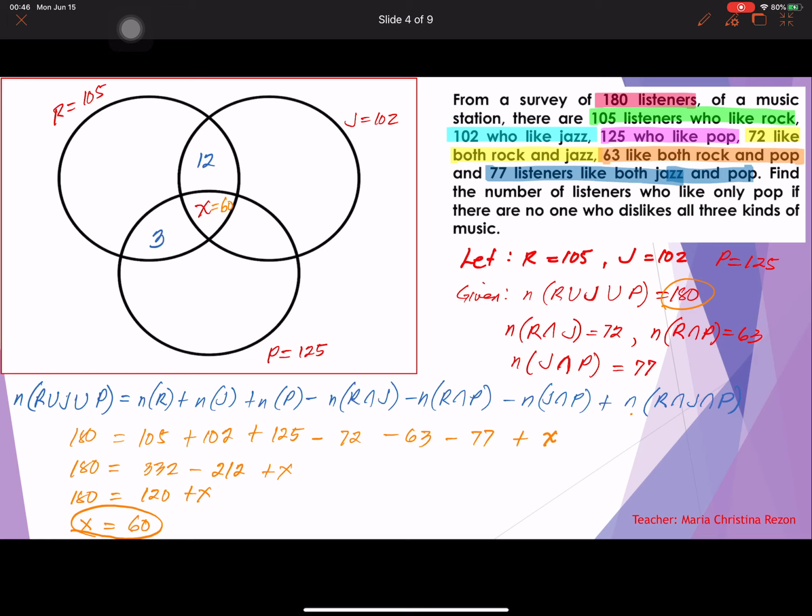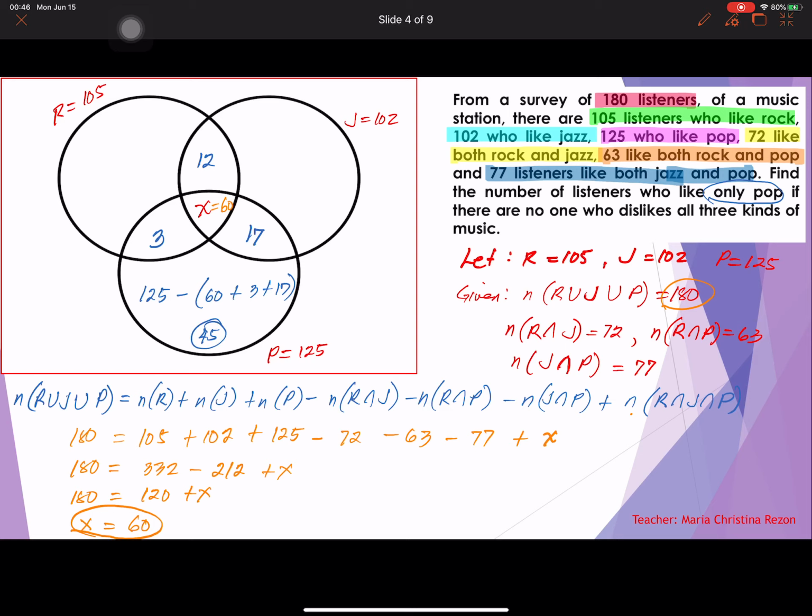And then jazz and pop is 77, so this is 17. Now the question asked is how many listeners who like only pop. So this one here is 125 minus 60 plus 3 plus 17, and that is equal to 45.